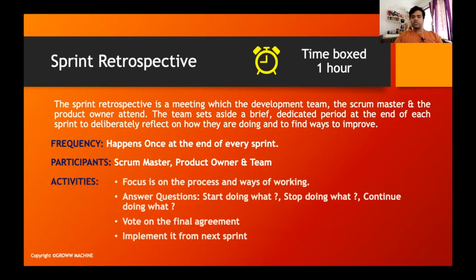In this meeting, there are usually three questions which the team has to answer: what do we need to start doing, what to stop doing, and what to continue doing. These are the three questions people usually answer, and based on the final agreement between the team members, things are formalized.